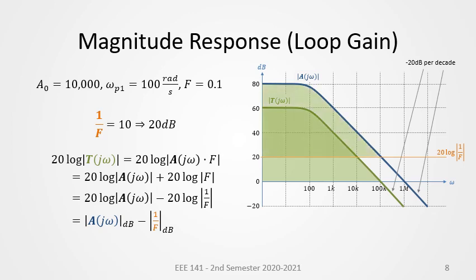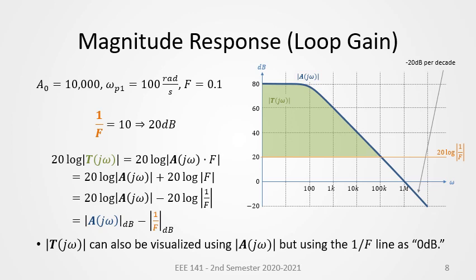Subtracting the two plots should result in the portion highlighted, at least for the positive part. Indeed, the two green highlighted parts are exactly the same. Thus, it can be said that the magnitude response of the loop gain, T of j omega, can be visualized using A of j omega, but with the 1 over F line as the 0 dB.